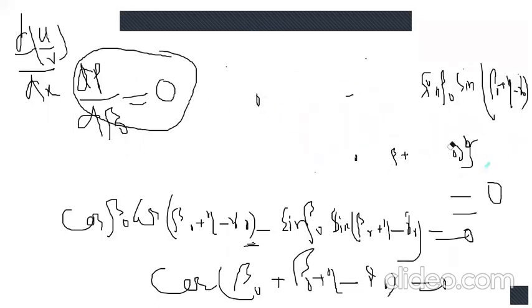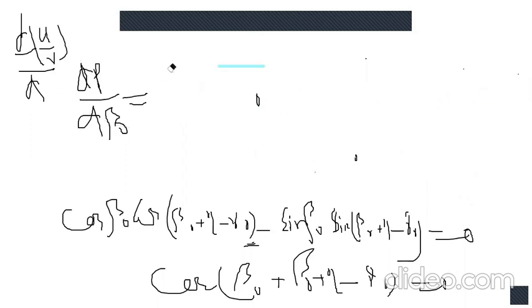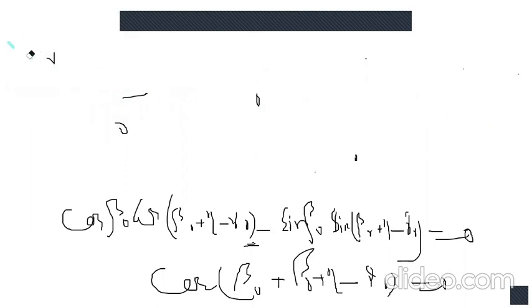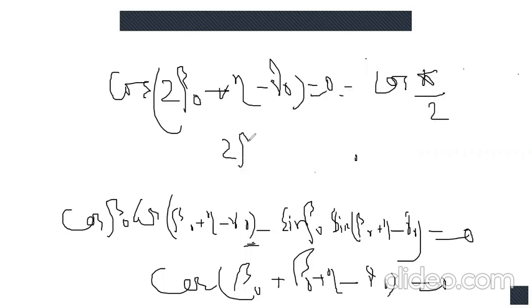This is our expression. Now this is cos of 2 beta 0 plus eta minus gamma 0 equals 0. Cos 0 means cos 90, pi by 2. So 2 beta 0 plus eta minus gamma 0 equals pi by 2.